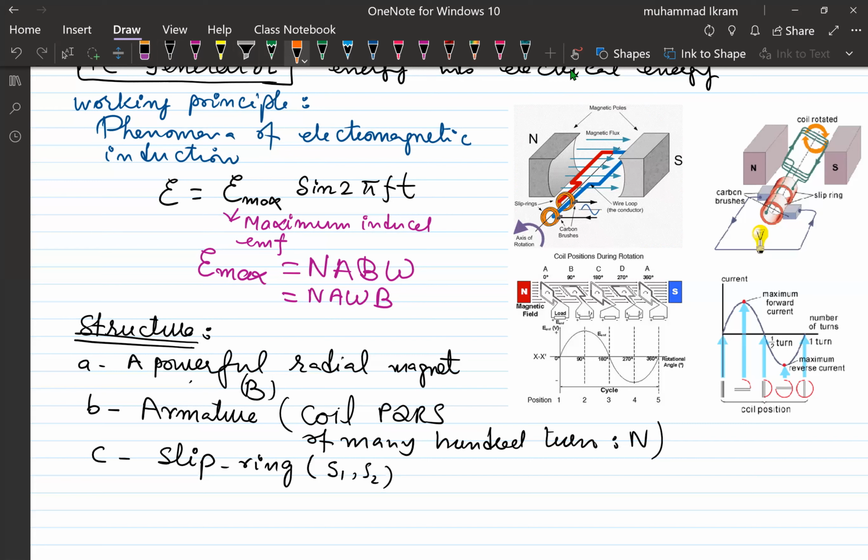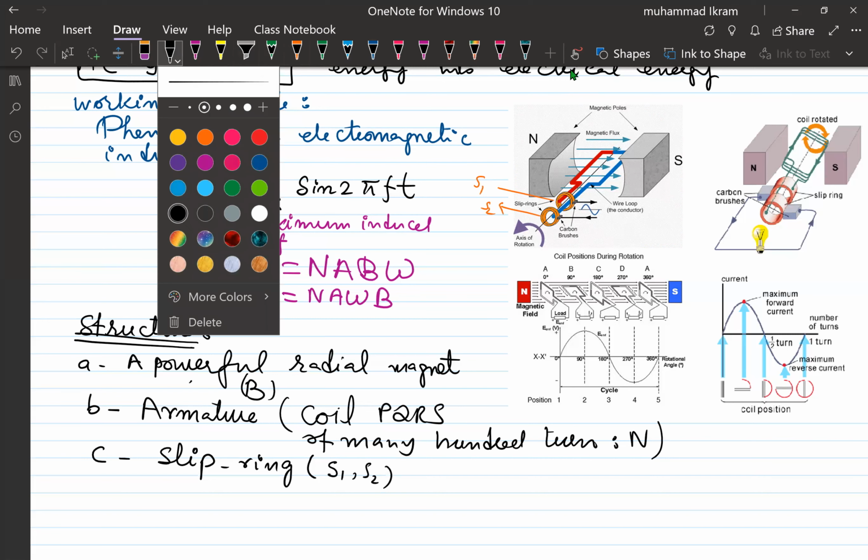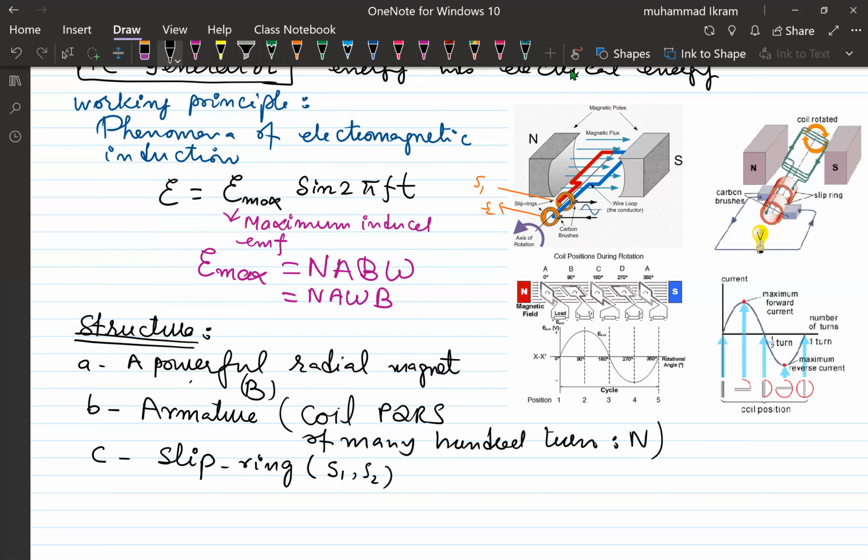These copper slip rings are permanently connected to the ends of the coil and are used to take the current from the coil and pass it on to the external circuit.